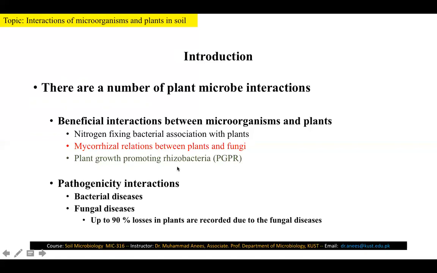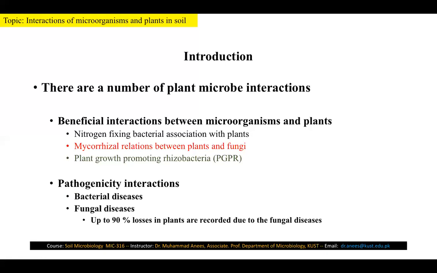Another kind of relationship is the pathogenic interaction. As you know, there are a number of pathogens among microorganisms that cause different kinds of diseases in plants. Diseases are of many types, and their losses are also variable depending on the type of pathogen and the type of plant.